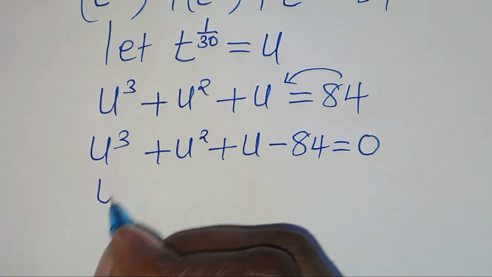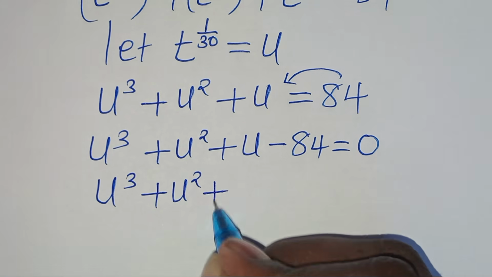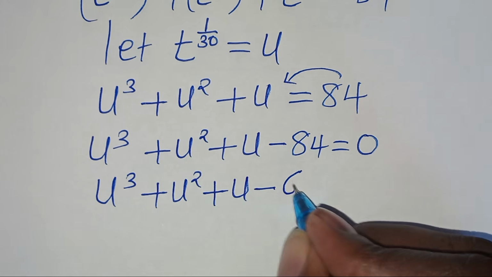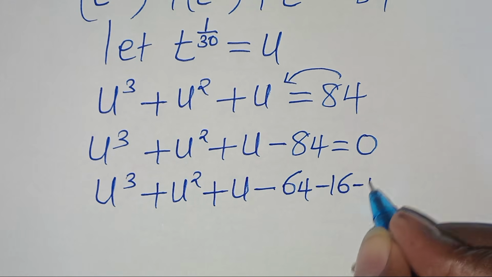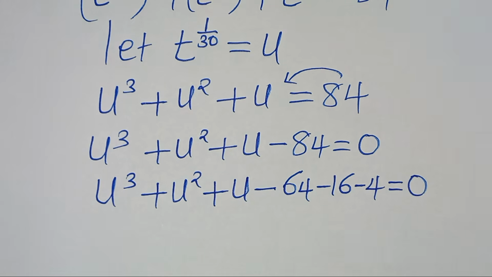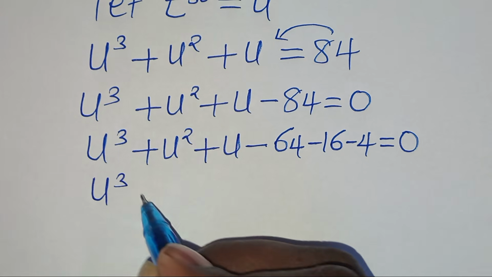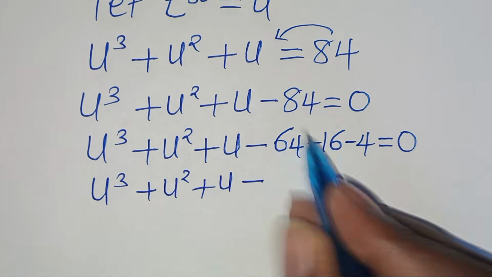So this is u to the power of 3 plus u to the power of 2 plus u minus 84. This is minus 64, subtract 16, subtract 4. This is equal to 0. So we have u to the power of 3 plus u to the power of 2 plus u minus 64.